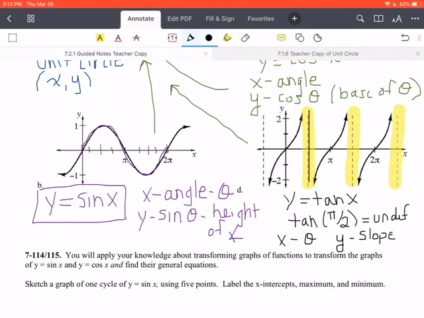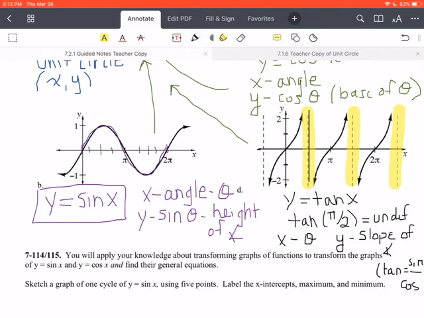So the slope of the angle. But again, what is representative of the slope of the angle? We came to the conclusion that that was tangent, which, remember, is sine over cosine. So keep that in mind.